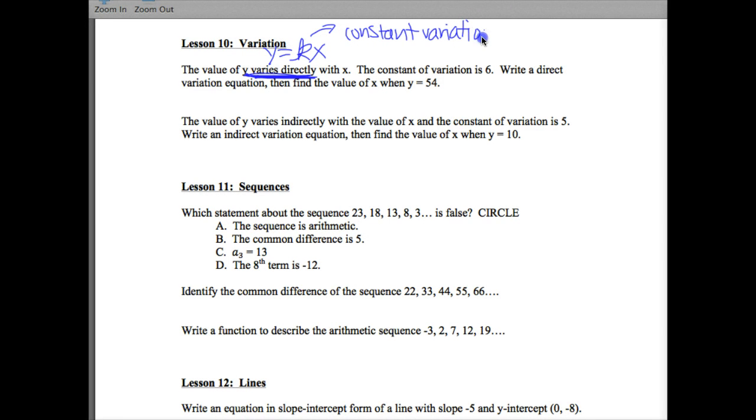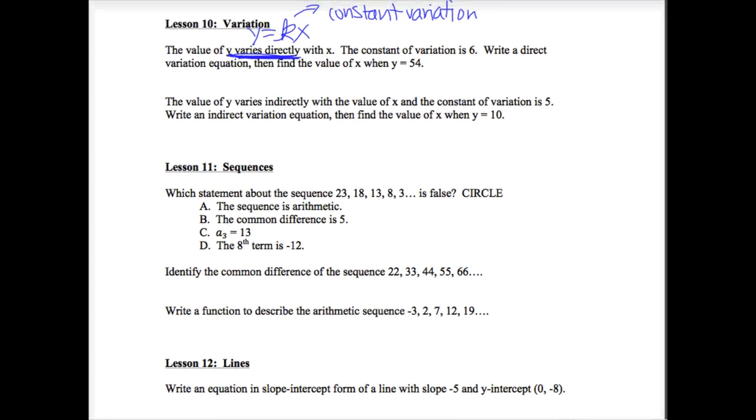They told us the constant of variation is 6, so that means my equation is y equals 6x. So now, no matter what value of x or y they give me, I can find the other one. In this case, they told me y was 54, find x. So this is my equation, very simple to solve, divide both sides by 6, and x is 9.